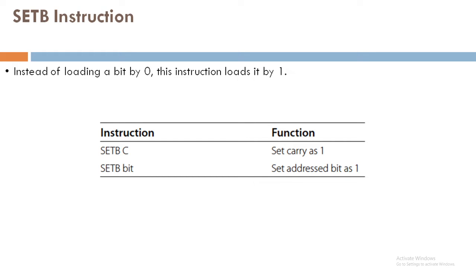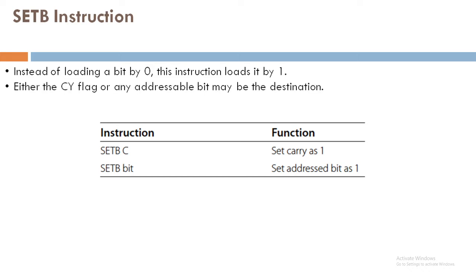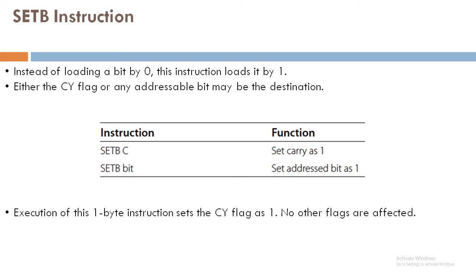So whenever we are talking about the addressable bit, we'll have to mention it in the instruction, and that particular position gets data 1, or it is set to 1. So in this case, 1 byte instruction and CY flag is set to 1, and none of the other flags get affected.